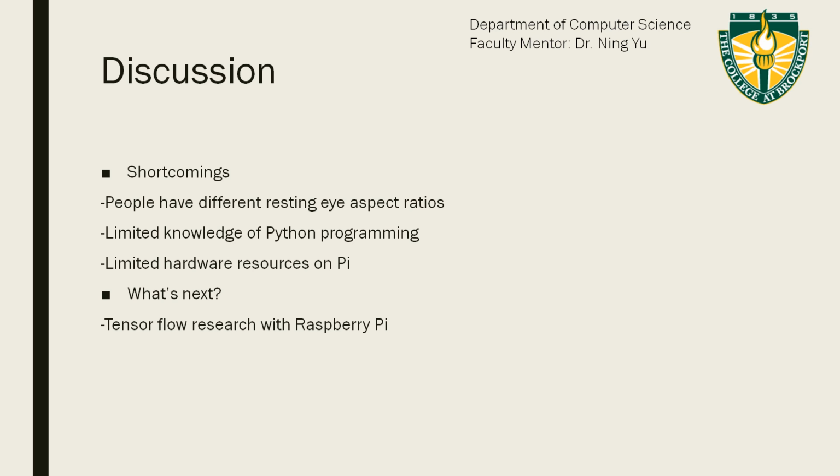And like I said before, the limited hardware resources on the Pi lead to some complications. The next step for me is I'm going to be doing more research in the summer with Dr. Ning Yu, the faculty member who helped me with this research, primarily concerning TensorFlow with Raspberry Pi.